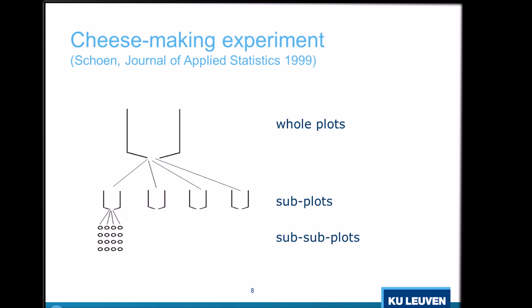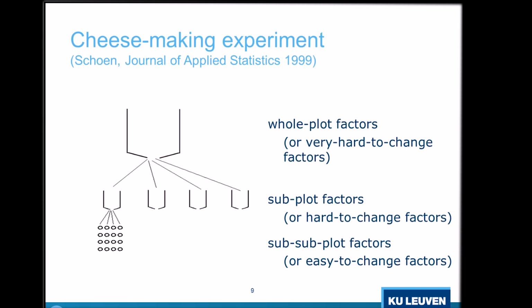And the factors applied to the large milk tanks are called whole plot factors, as I show on slide number 9. The factors applied to the smaller vats, to the subplots, are called subplot factors, and then the factors applied to the individual cheeses are called subplot factors.